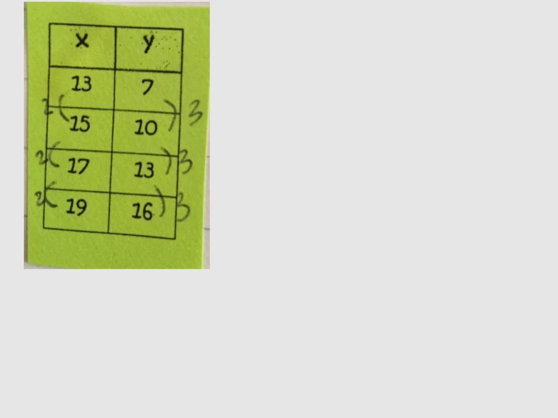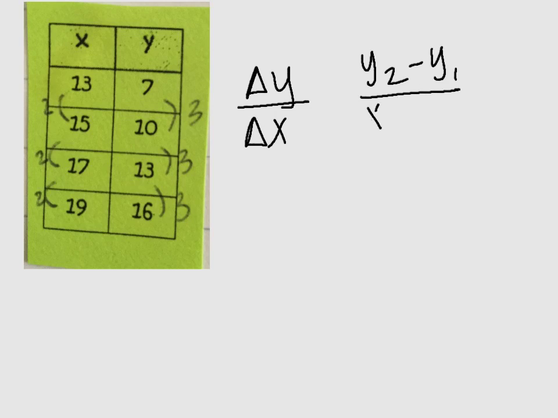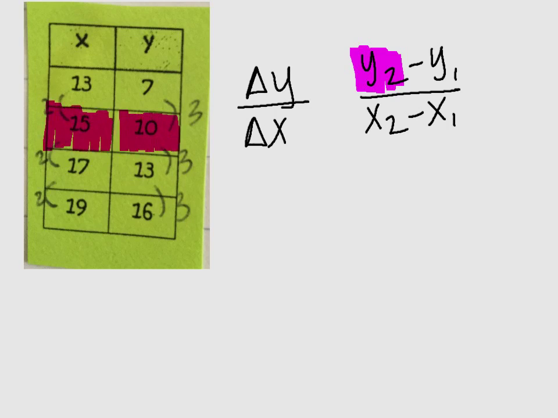Okay? Now, on here, remember we talked about slope is change in y, or delta y, over change in x. You guys know the formula, y2 minus y1 over x2 minus x1. If I had a highlighter, my y2 would be purple, and then my x2 is purple because it's the second one.